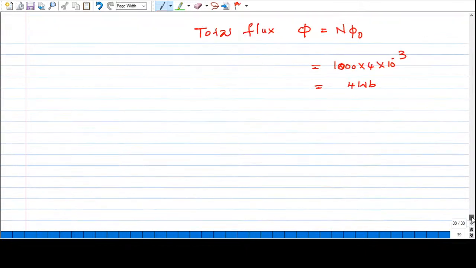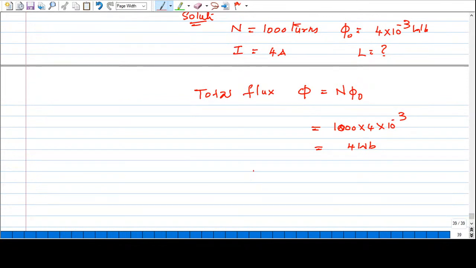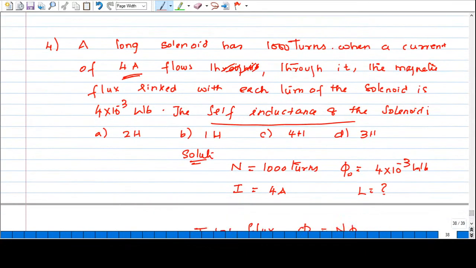We got the value of total flux. And we know phi is equal to L I is the formula. Now we require L, so phi by I. The value of phi is 4. The value of I is also 4. So if we cancel it, we get 1 Henry. The answer lies in option B, it is 1 Henry.